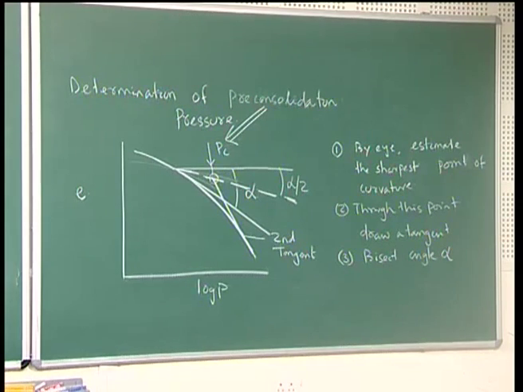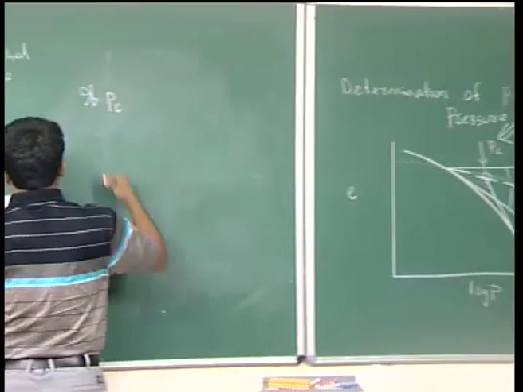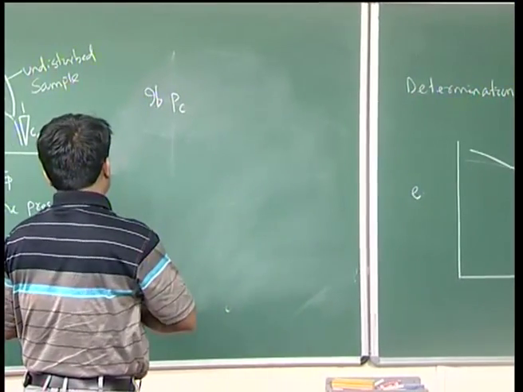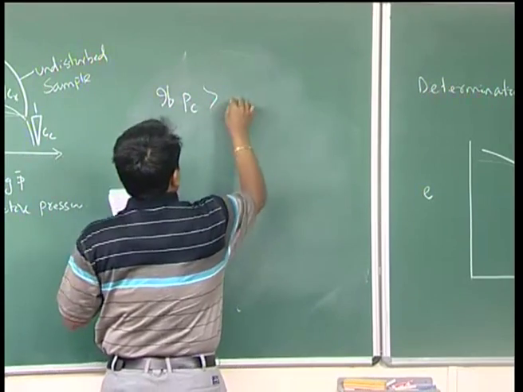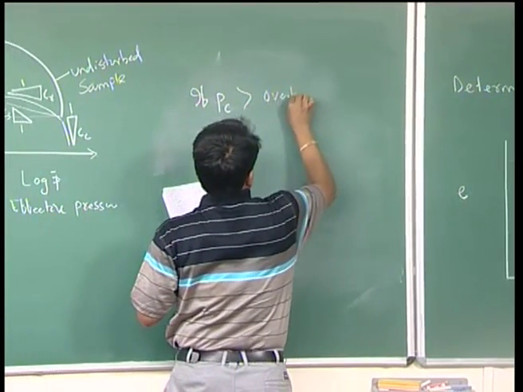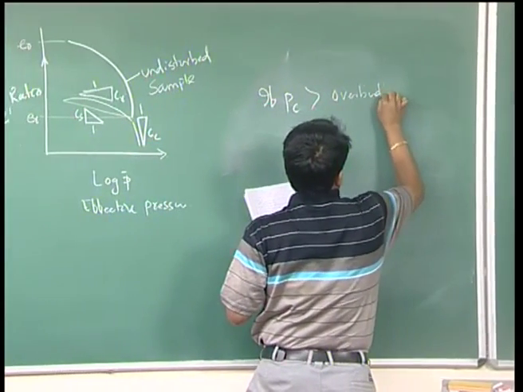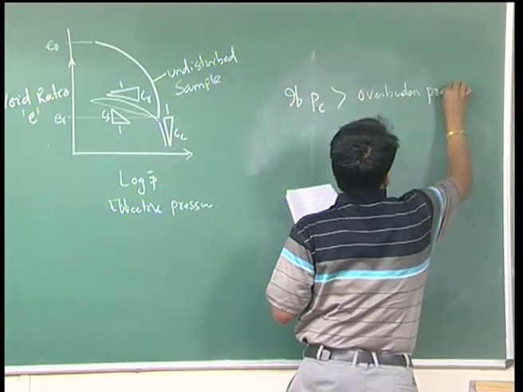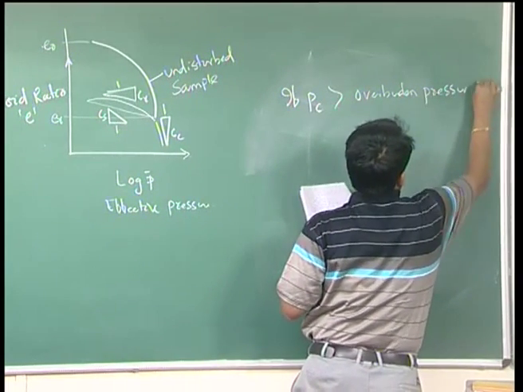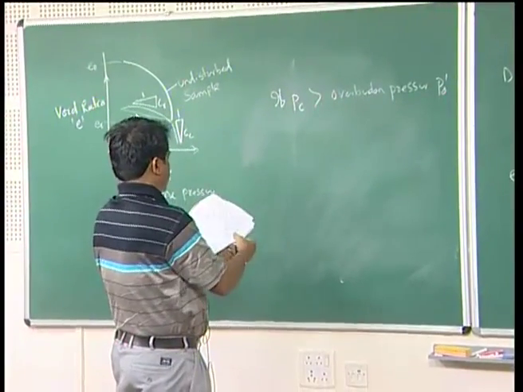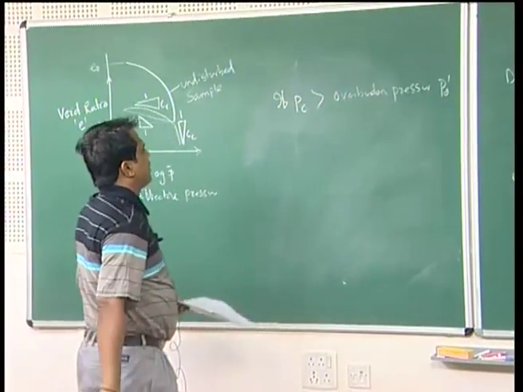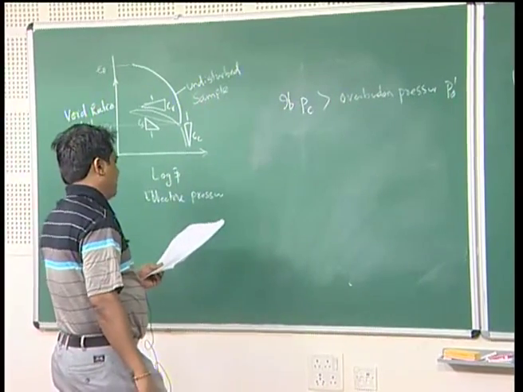Now, you can say that if Pc obtained from this curve is greater than overburden pressure, or P0 prime, then what will happen? If Pc is greater than in situ overburden pressure, then what does it mean?